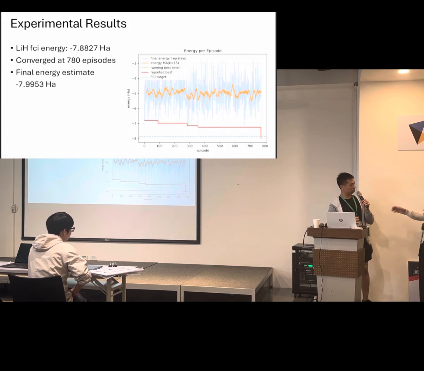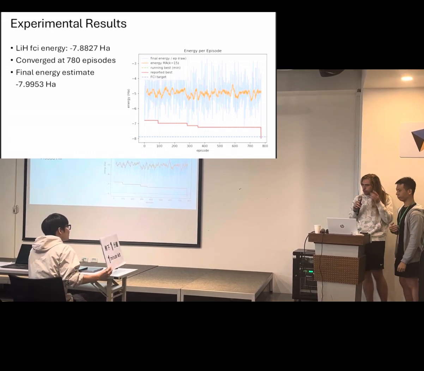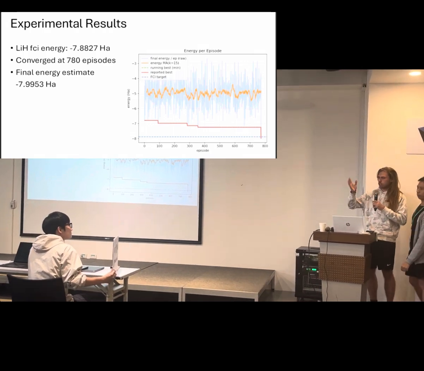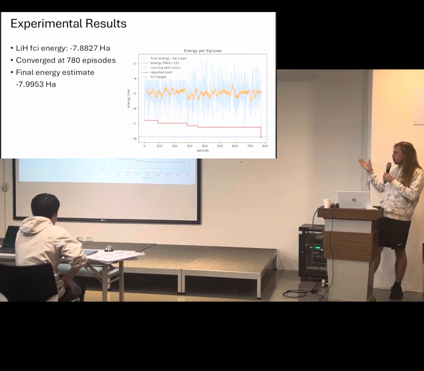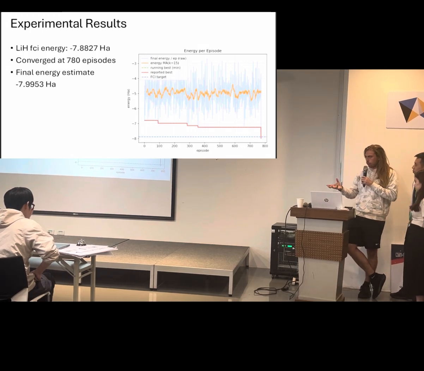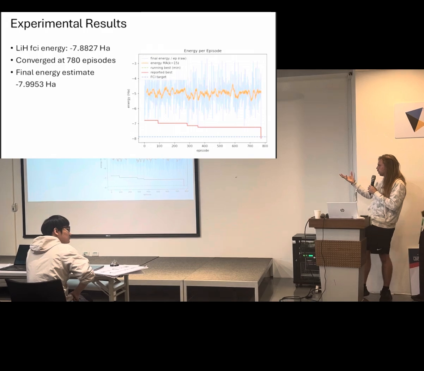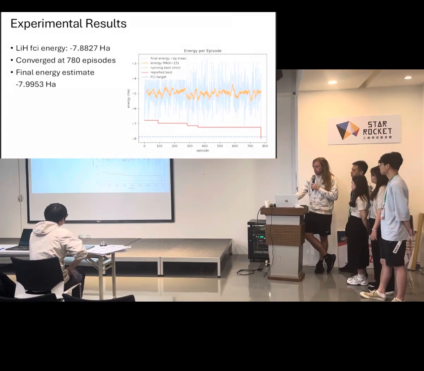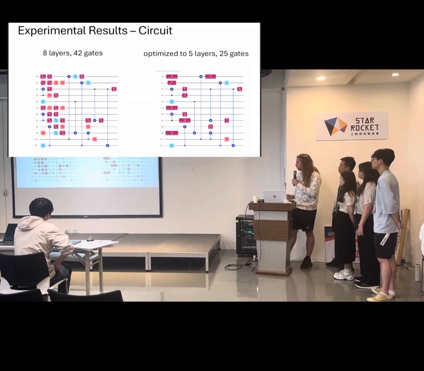Okay, let's move on to the quantum implementation. Because all of our simulations ran on a simulator, we wanted to evaluate one of our circuits on a real machine as well. We took one of the earlier models that we trained, used it to generate a circuit, and evaluated that on a real quantum machine. This is the circuit that we got.